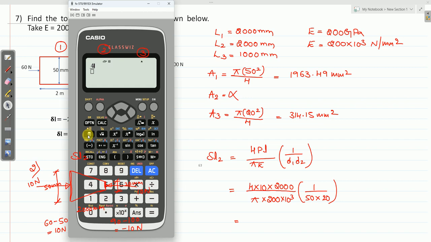So 4 into 10 into 2000 divided by pi into 200 into 10 raised to 3. So 1 divided by 50 into 20.